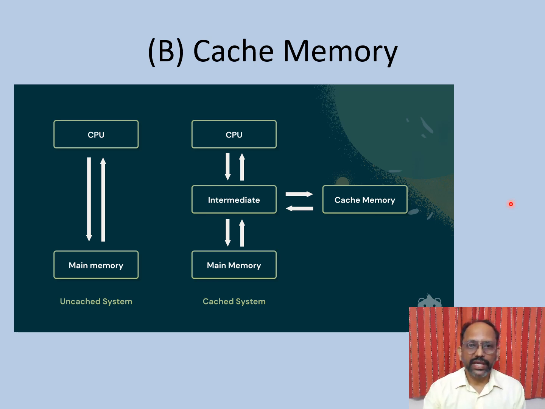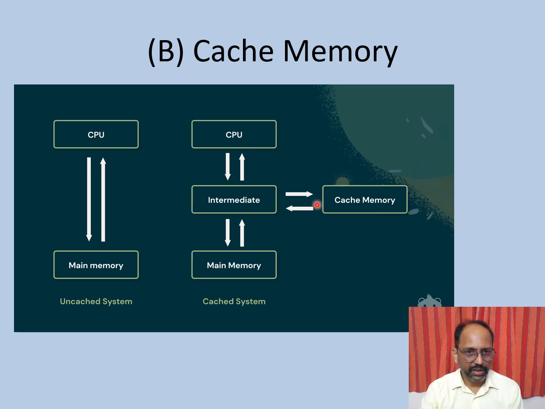Cache memory is another type of memory in the computer system. On this slide, I have two different diagrams. One diagram shows there is no cache memory, and the other diagram includes the cache memory. Now let me explain the difference between without cache memory and with cache memory.